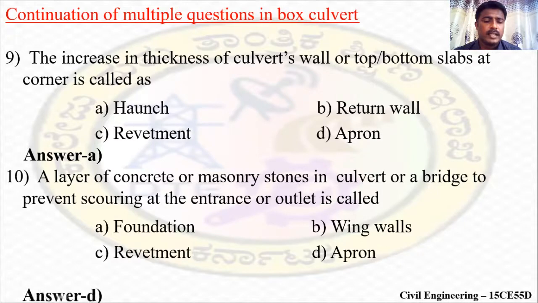Answer is option D. A layer of concrete or masonry stones laid on upstream or downstream to prevent scouring at the entrance or outlet is called as apron. So bed pitching is called apron. So now this is the end of the session.